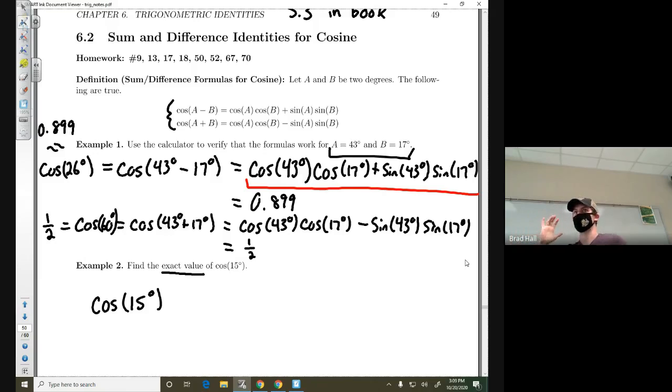We know cosine of the nice angles: cosine of 0 degrees, cosine of 30 degrees, 45 and 60, and 90 degrees. These are the special angles to us. So the question is, that 15 there, how can we write 15 as a sum or difference of those special angles?